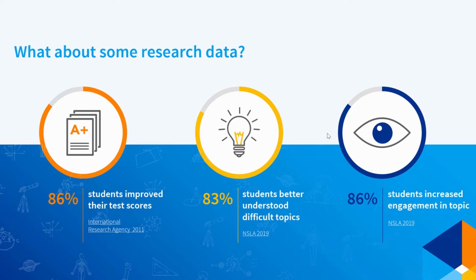Some other data we have available also show that students really better understood difficult topics when learning with 3D or even virtual reality, and with use of Lifelike. All this data has been done with use of Lifelike, and they also increased their engagement in the topic.